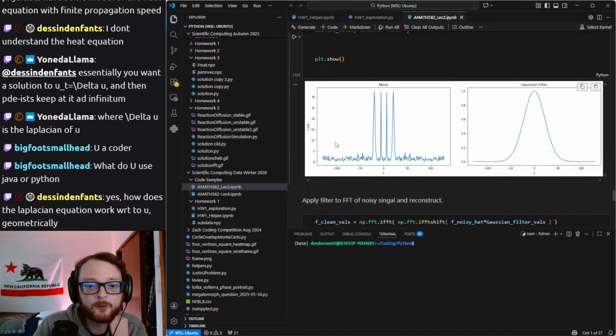So if you take the Fourier transform and graph the magnitude of each of the frequencies, you get something that looks like this. This is an ideal case where the frequencies we do want are clearly these 4 peaks here in the middle, and then the noise is just all the stuff on the edges.